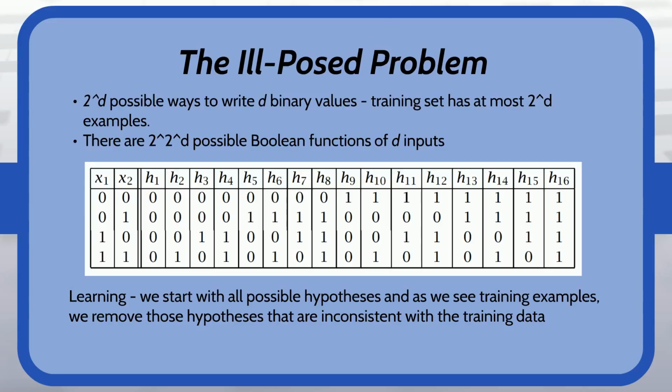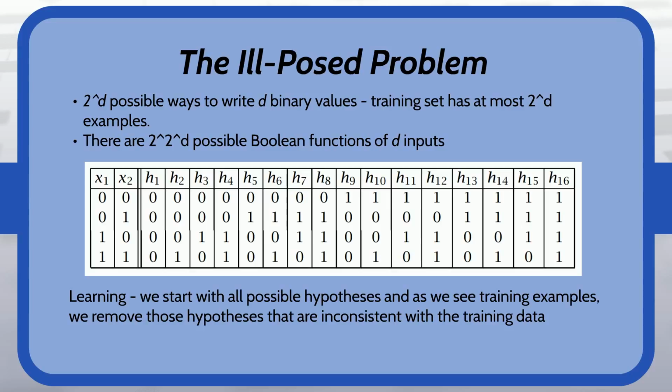Because of that, we can remove hypotheses 1, 2, 3, 4, 5, 6, 7, and 8. Actually, for each distinct training example, we can remove half of the hypotheses, namely those whose guesses are wrong. So in the case of a Boolean function, like our particular example, to end up with a single hypothesis, we would need to see every single training example.